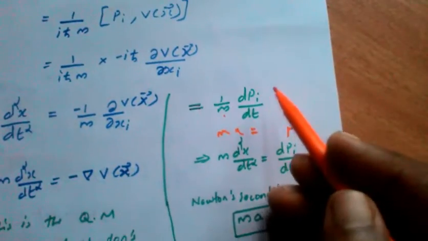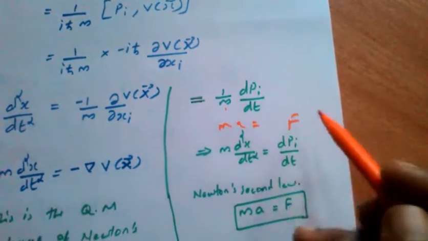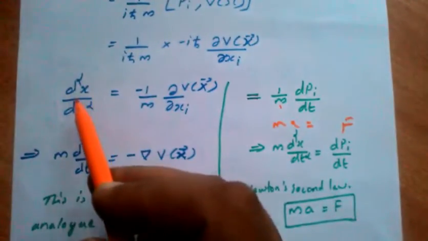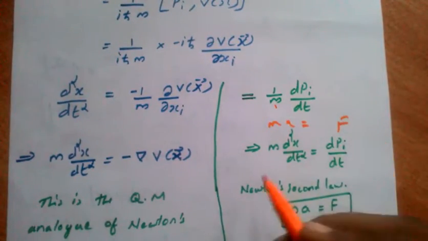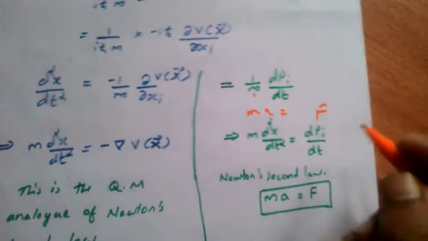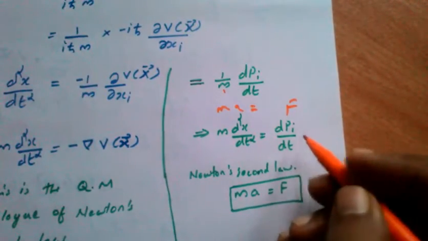The minus sign and minus sign cancel, giving 1 over m dpi by dt. Taking the m to the left side, we get m d²xi over dt² equals dpi over dt.